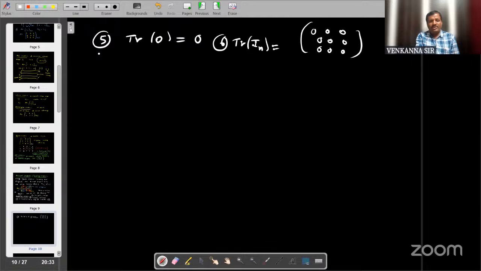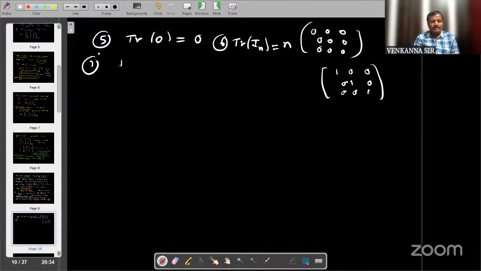Yeah, some of you are responding. If you take the 3 by 3 unit matrix, 1 0 0, 0 1 0, 0 0 1, the trace is 3. If you take the 4 by 4 unit matrix, it is 4. For n by n, the trace of the unit matrix is n.